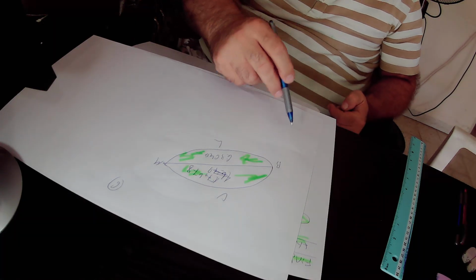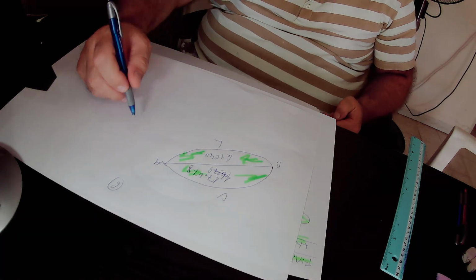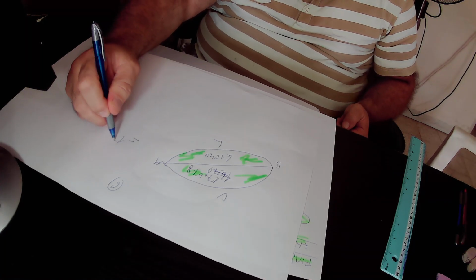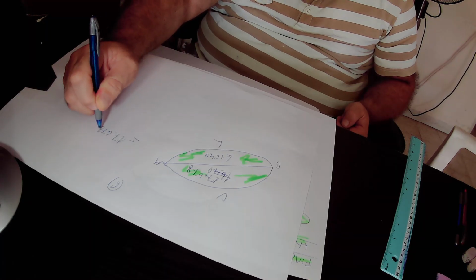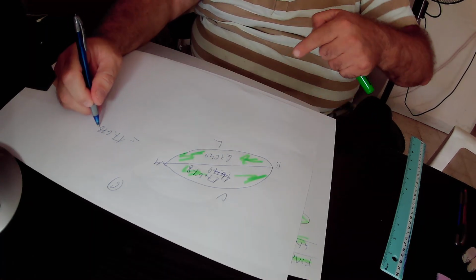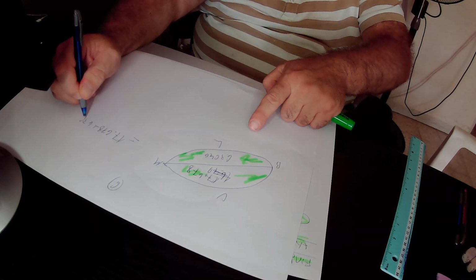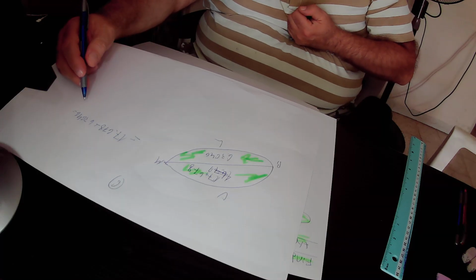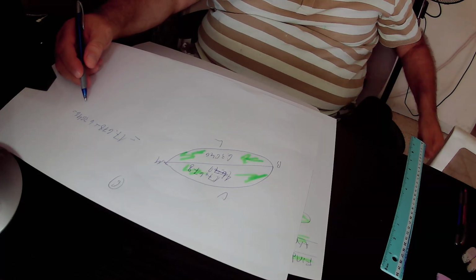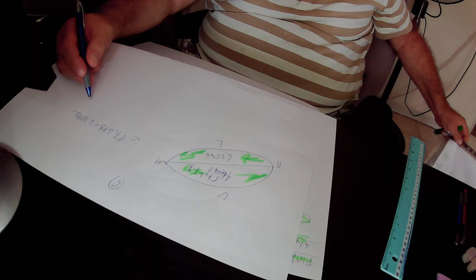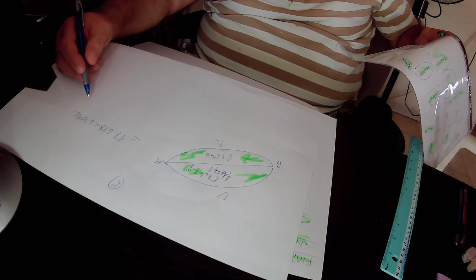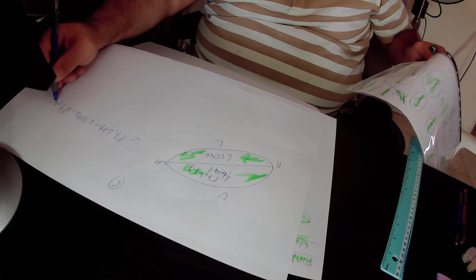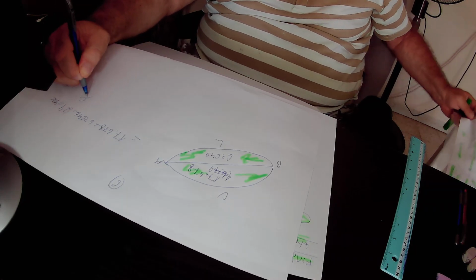So in total, the area of this green shape equals 17.678 plus 6.3646, which in total is equal to 24.0426 square units in size.